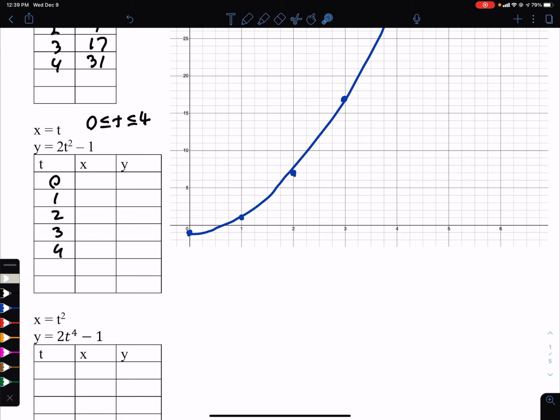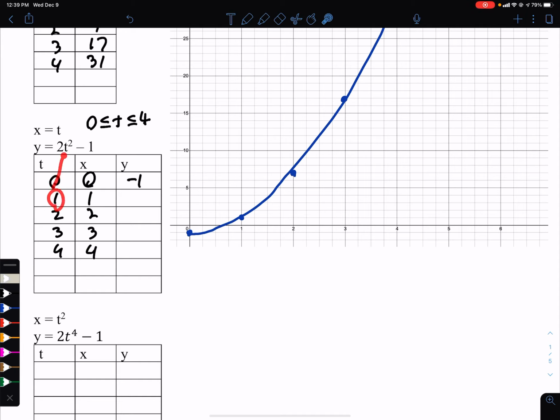So here you'll notice t and x are one and the same. So if I plug in 0 for t, my x will be 0. Plug in 1 for t, my x will be 1. So I just keep on plugging t into the x equation and get my x values. For the y, I plug in 0 for t, and I get -1.